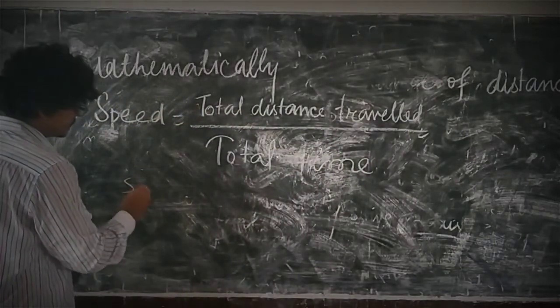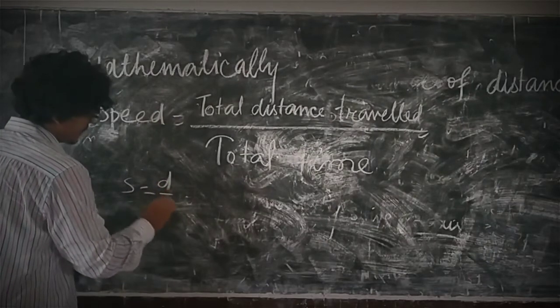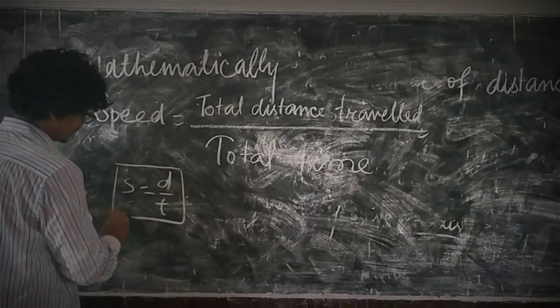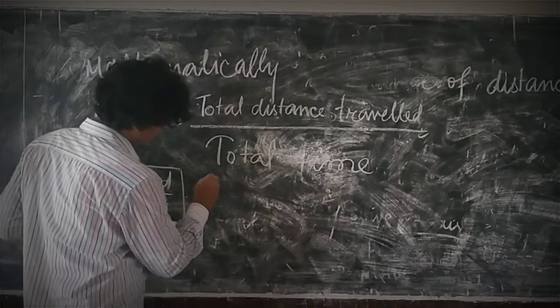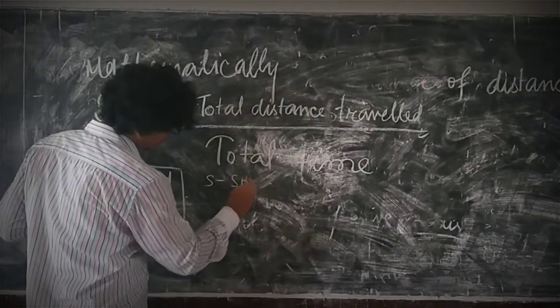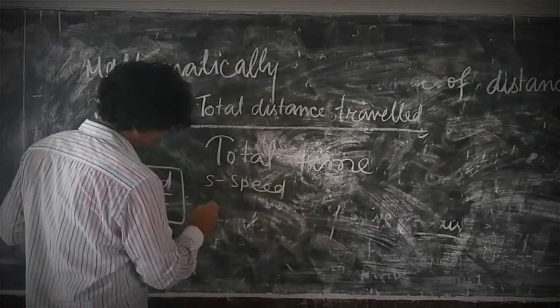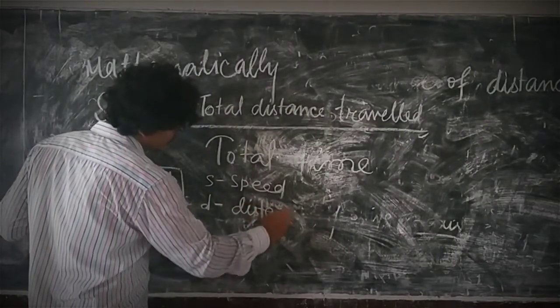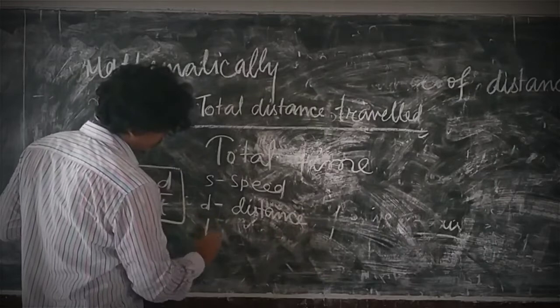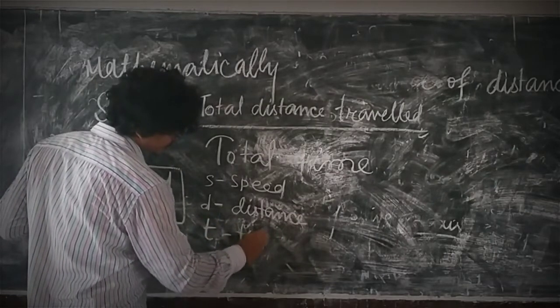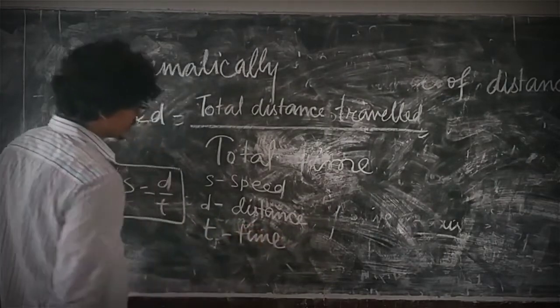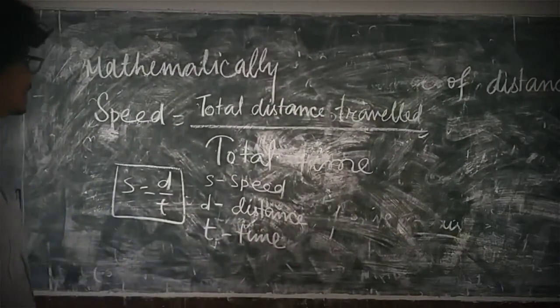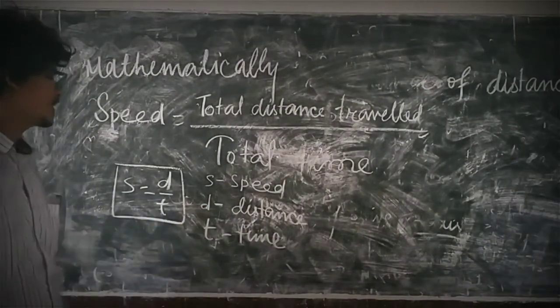Our speed is d by t. Here s denotes speed, d denotes distance, t denotes time.